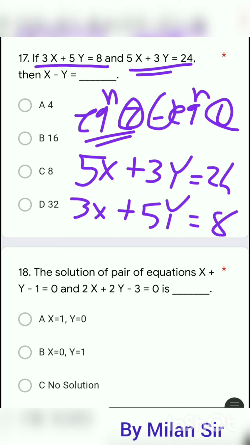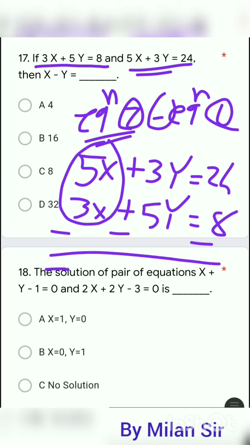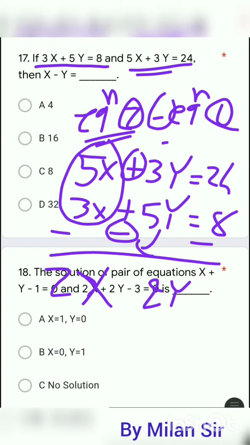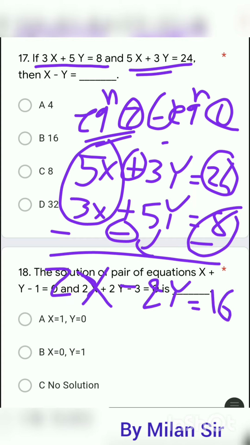Here we use the subtraction process, so we need to change the signs. So positive becomes negative in each term. So 5x minus 3x is 2x, then 3y minus 5y, 5 minus 3, 2y, but since 5y has the negative sign, it is negative, and 24 minus 8 is 16. Right, so 2x minus 2y is equal to 16.